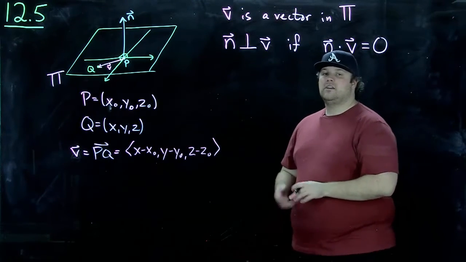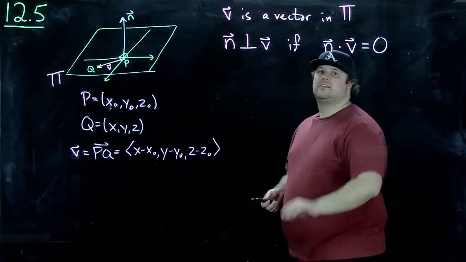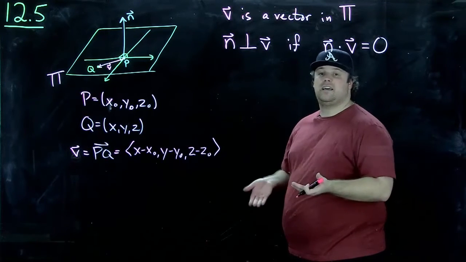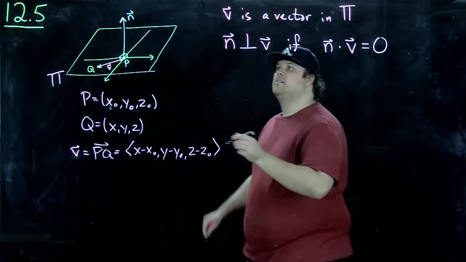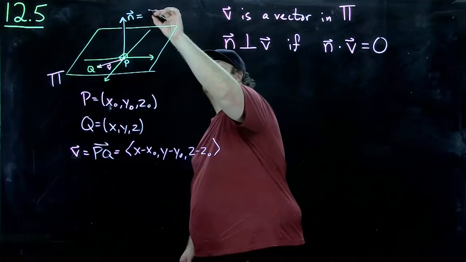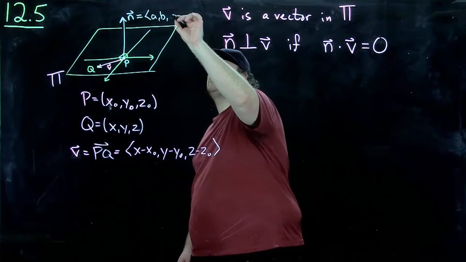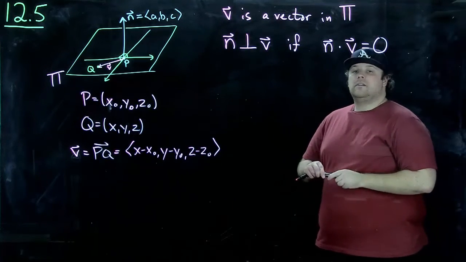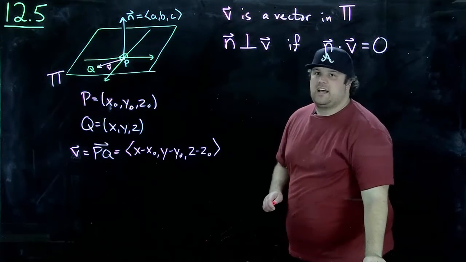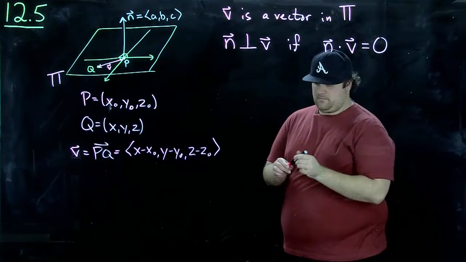Right? So we're going to combine that together with this equation. And of course, now we need to give n some coordinates, or some components. So let's call it A, B, C. So we now have our two vectors that have to be perpendicular to each other.